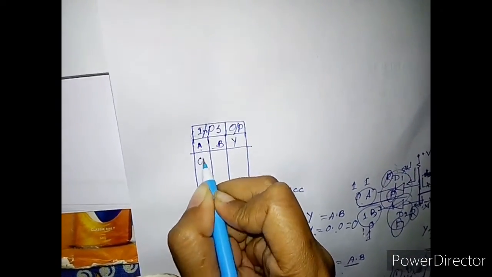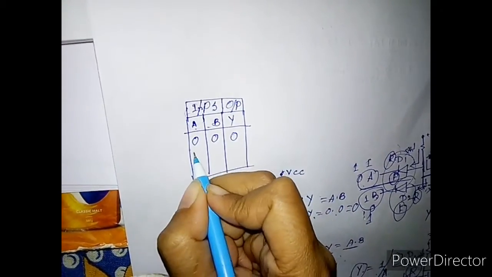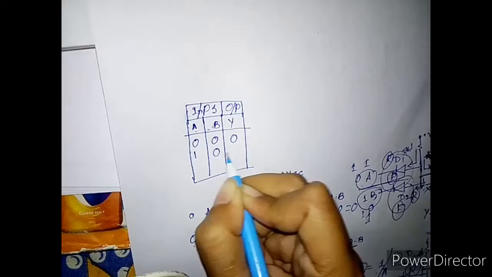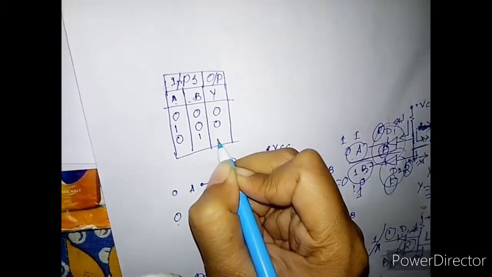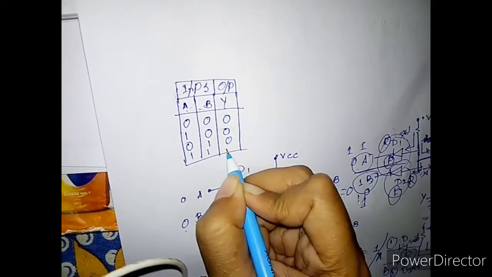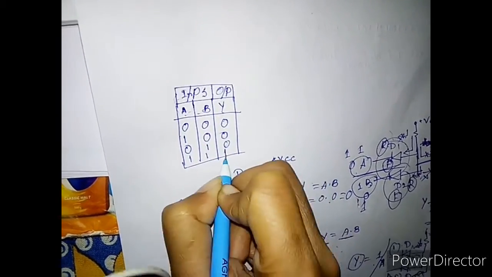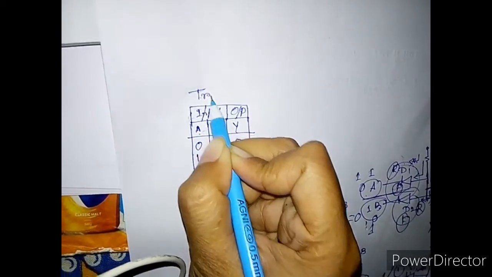When A and B both are low, Y is 0, low. When A is high and B is low, Y is low. When A is low and B is high, Y is low. When both are high, then we get the output high. That's the truth table for the AND gate.